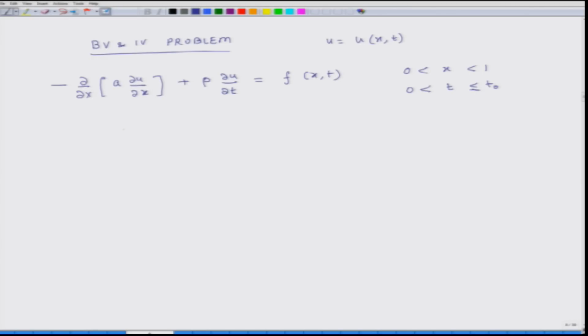And here I am saying that the value of u at all times at x equal to 0 is b0 of t, some function of time, and b0 is known.